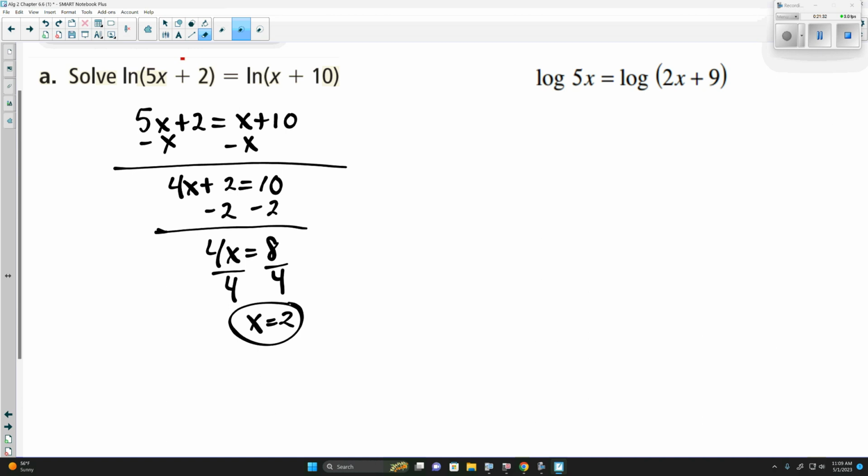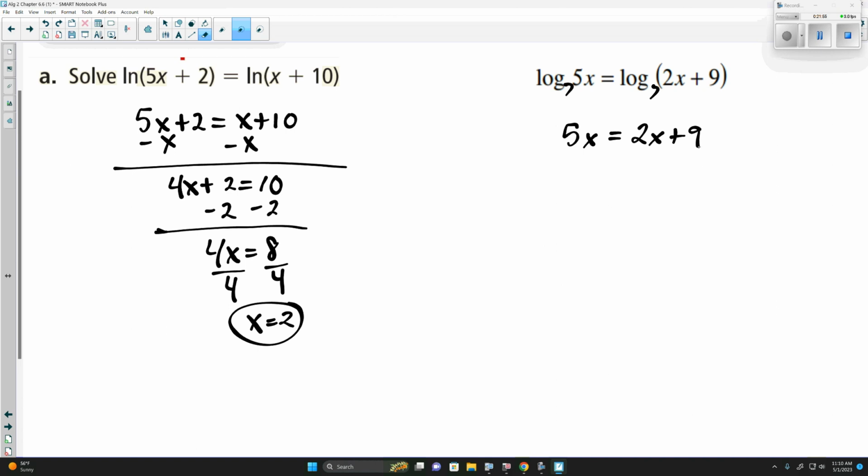Will the next one be any different? Because they're both the same, it doesn't matter what they are. It could be log base 7 on both sides, because as long as the logs are the same on both sides, we can set what's inside of them to be the same.